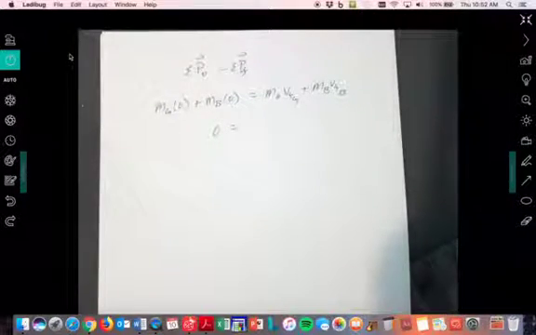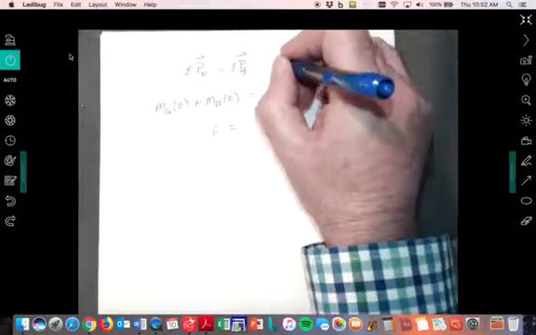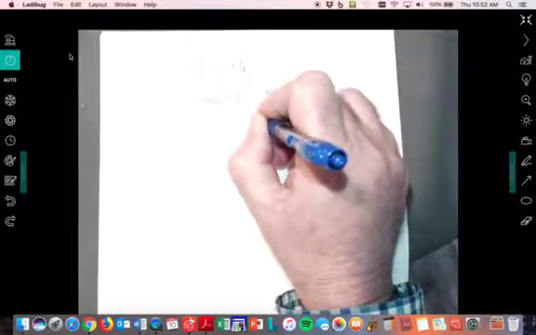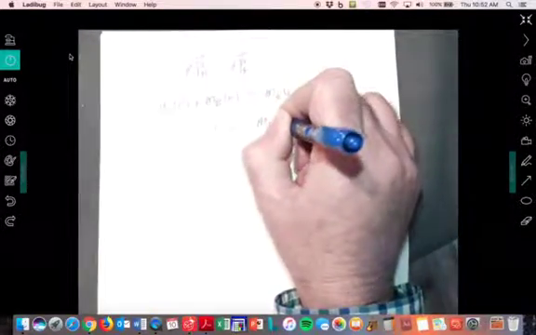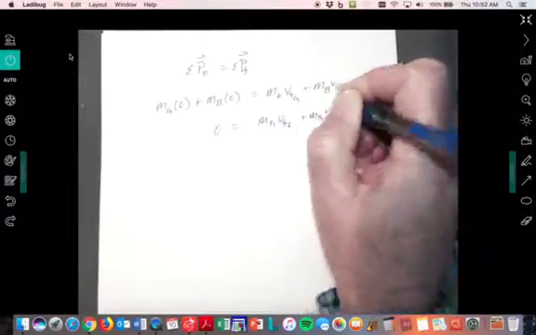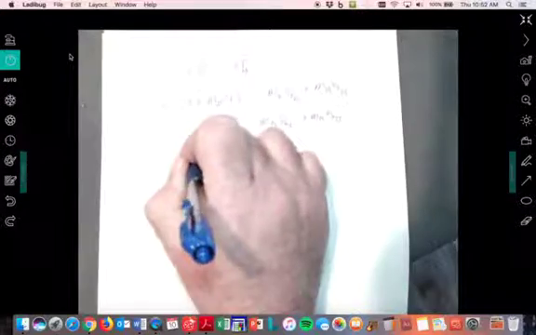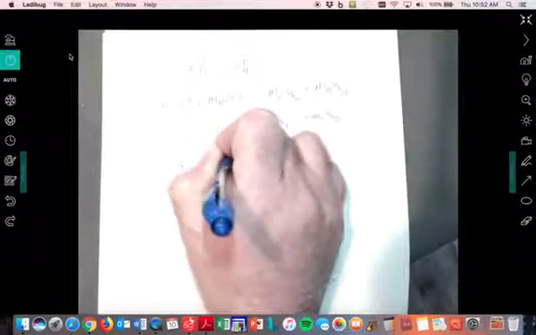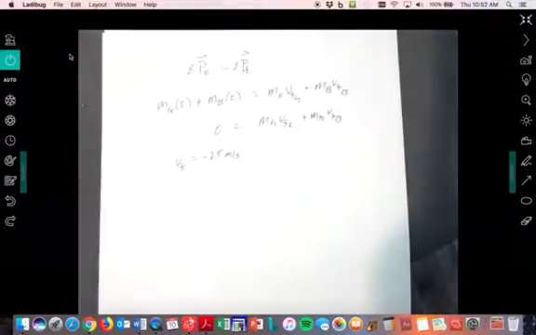So here's what we'll do. Based on my quick and dirty calculations, I said that the final velocity of the girl is equal to negative 2.5 meters per second. Okay?